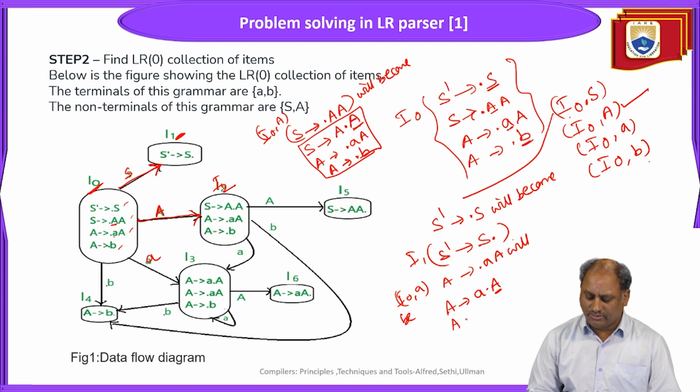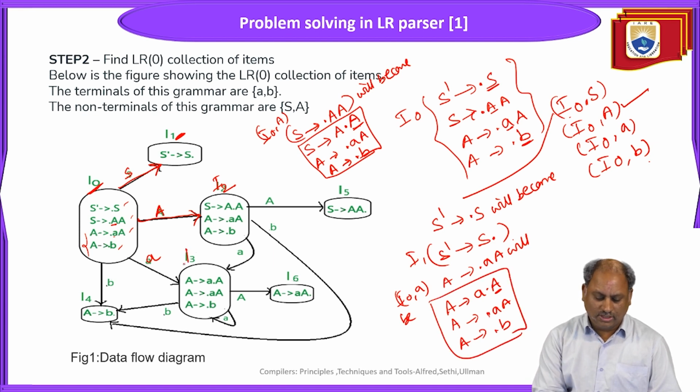So whatever productions belong to this variable are A derives small a dot A, and A derives dot B. So we have to list this out and make this state I3.